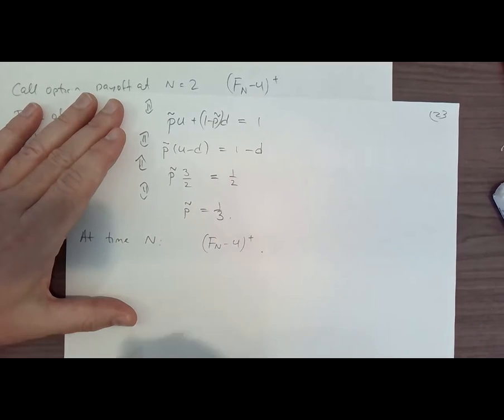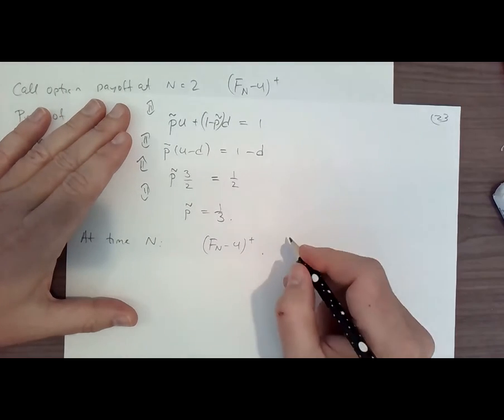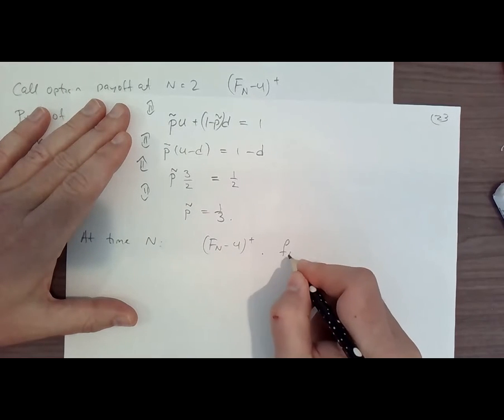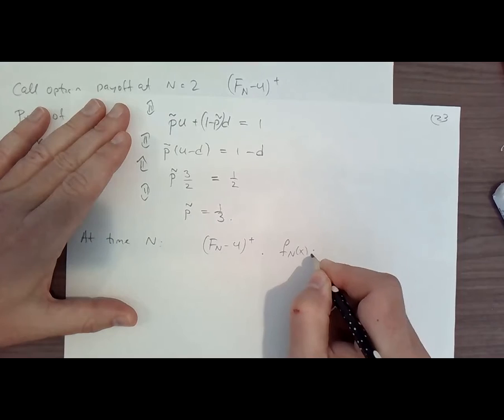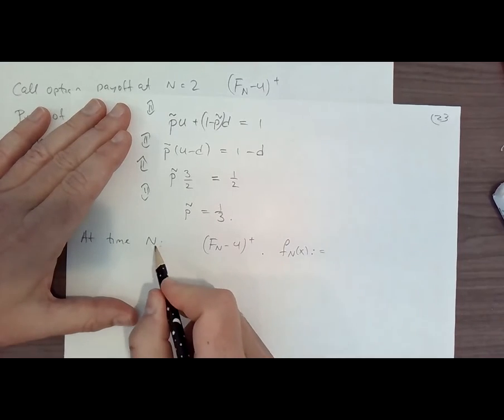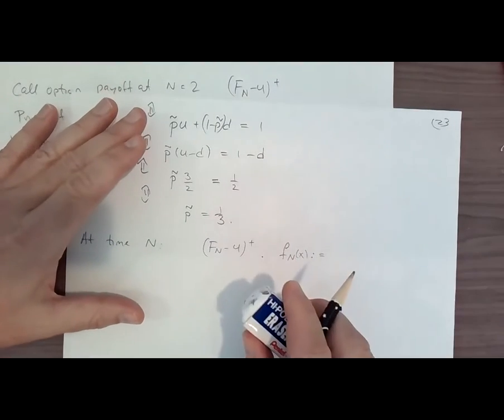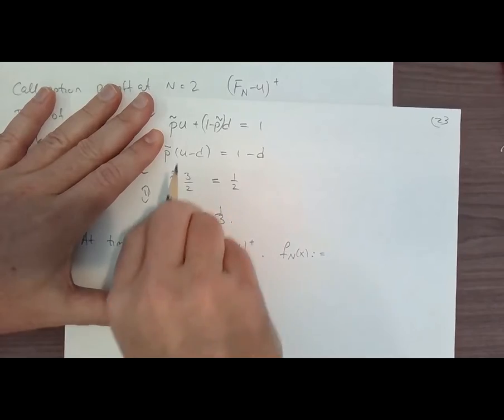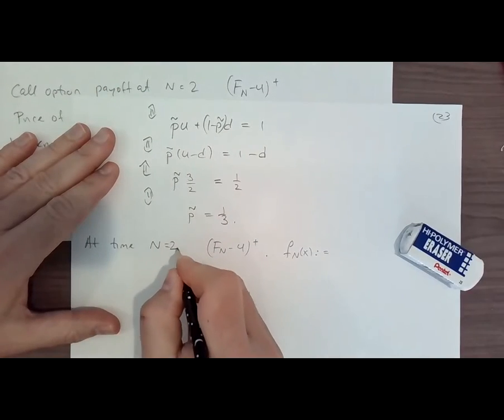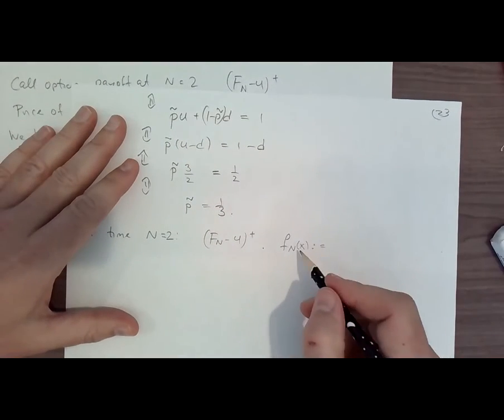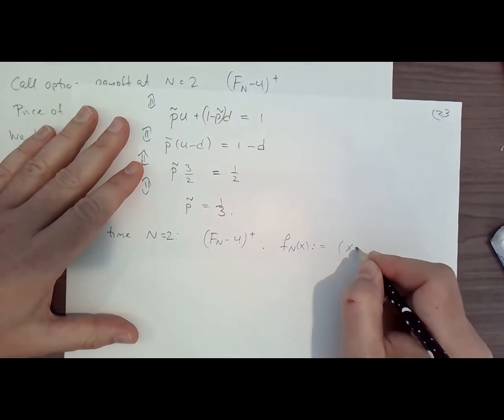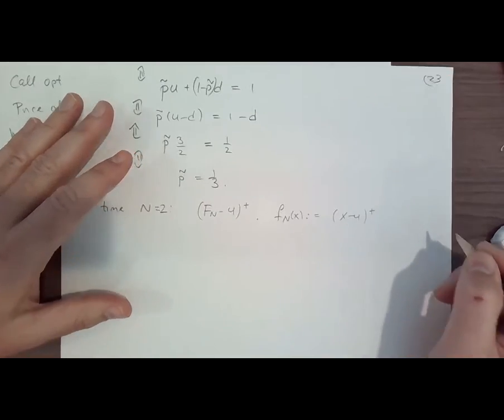We had these payout functions fn of x, so this will be the payoff at time n. I think in the problem n is equal to 2. So we could define the payoff function simply as x minus 4, positive part.